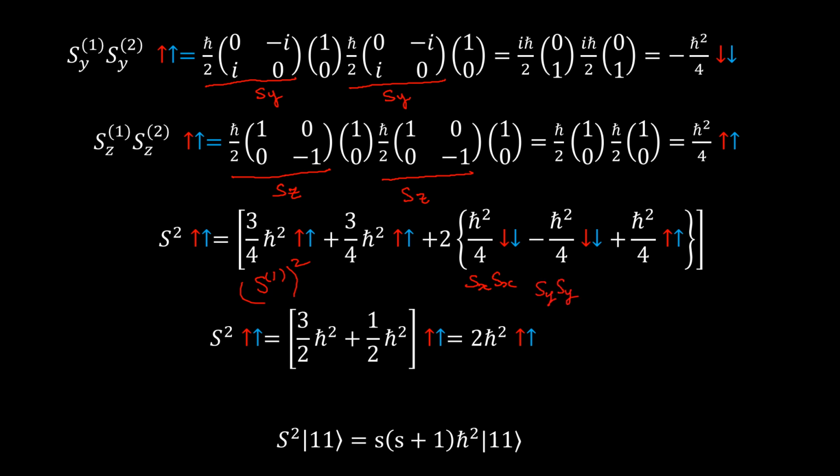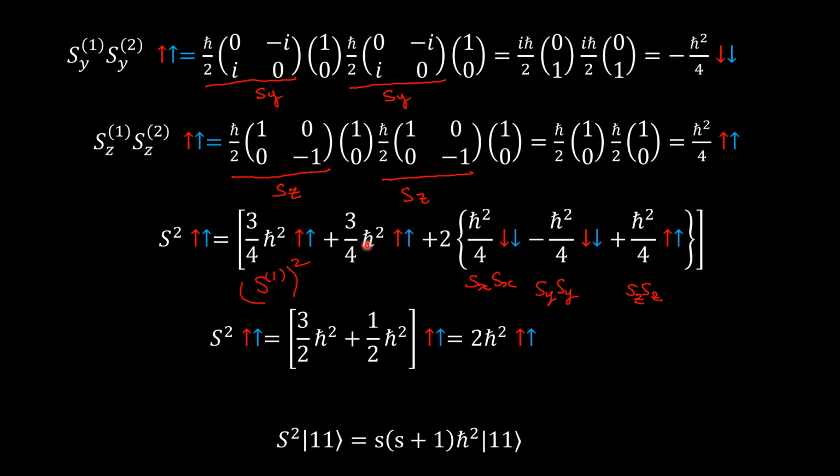When SY acts on it, we have seen minus ħ²/4, minus ħ²/4, spin down and spin down. Then SZ acts on this. You will get plus ħ²/4, spin up and spin up.